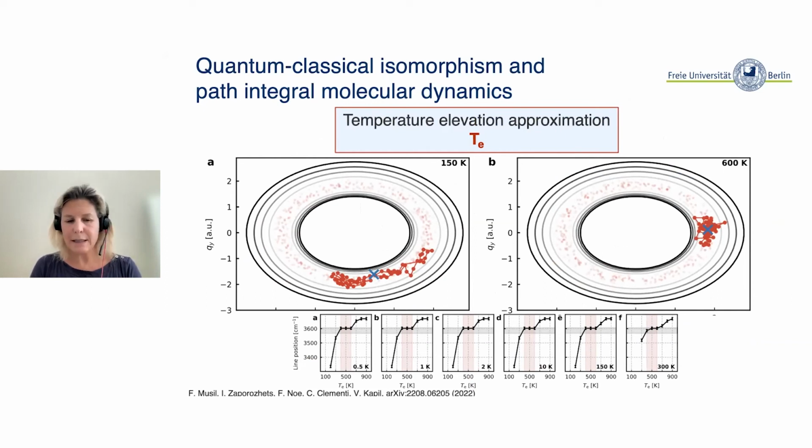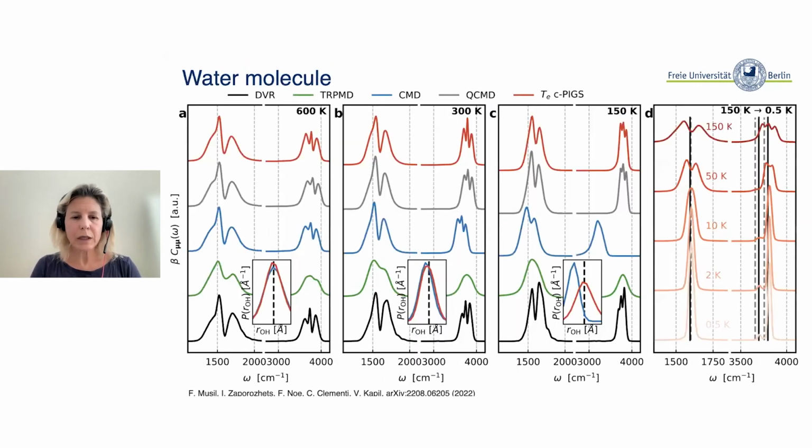Basically, what we say is that we're learning an effective landscape for this one bead that includes the nuclear quantum effect, and the energy landscape is temperature independent. So we learn it at high temperature and then we use it at low temperature. And it works. This is for the full water molecule.